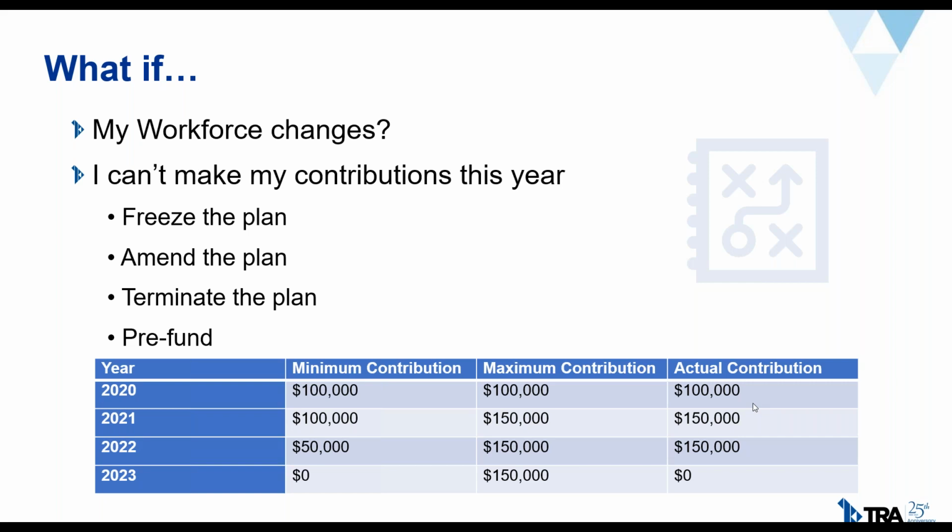And so this particular year, the business owner decided not to make a contribution, and that's perfectly okay under these circumstances. So that's an important lesson, and it may offer you some bit of comfort as you talk about putting plans in for plan sponsors. And we'll talk more about this as we move forward in our presentation.